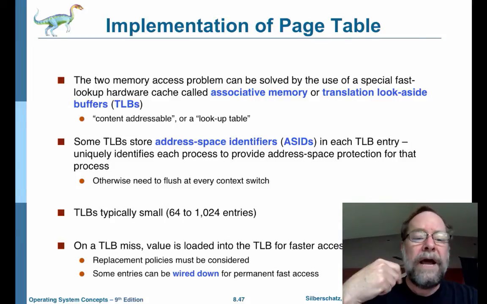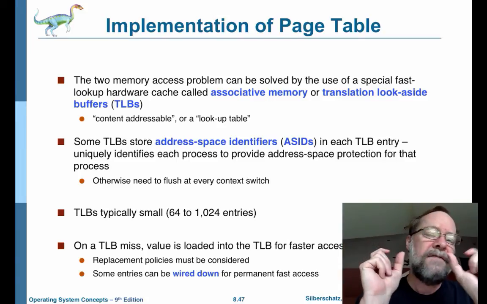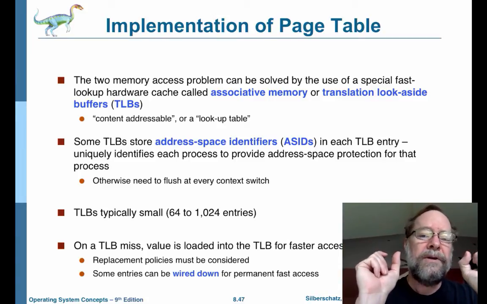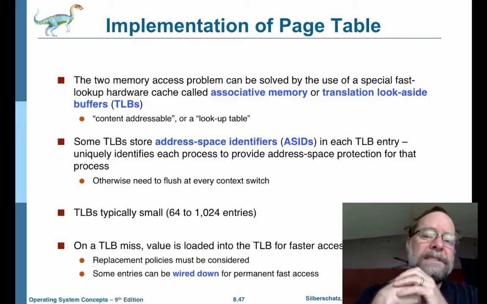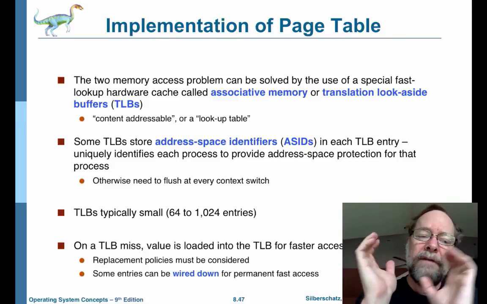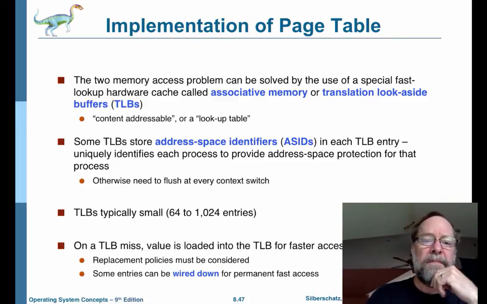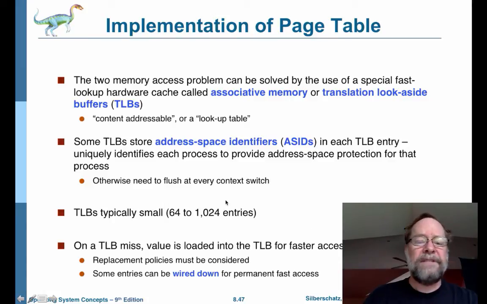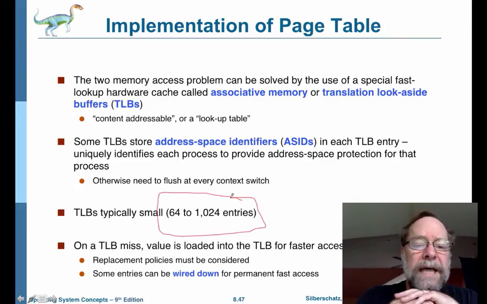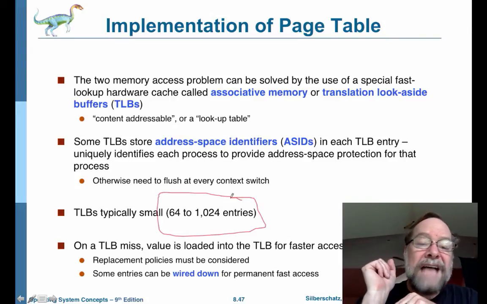So it's very quick. Now, the problem with content addressable memory is it's very expensive. So typically, if we want to keep the cost of the CPU down, we can only afford a relatively small chunk of content addressable memory. So our translation look-aside buffers are usually pretty small, kind of as shown on the slide down here. They might just have up to 1,000 entries, something like that. But it's very, very fast.